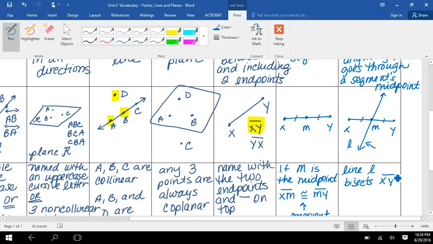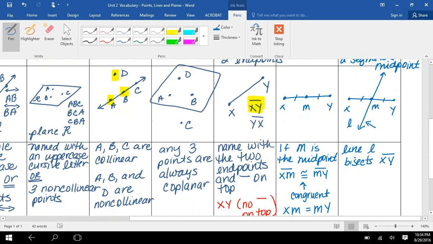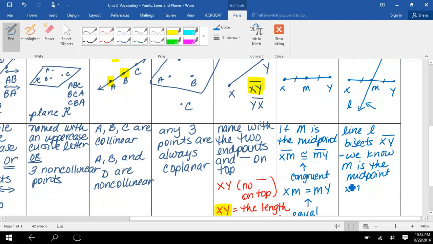It cuts it in half. So if it bisects, we know that M is the midpoint. We know that XM is congruent to MY, and that the measurement from X to M, if I actually were to take a ruler, would be equal to the measurement from M to Y.